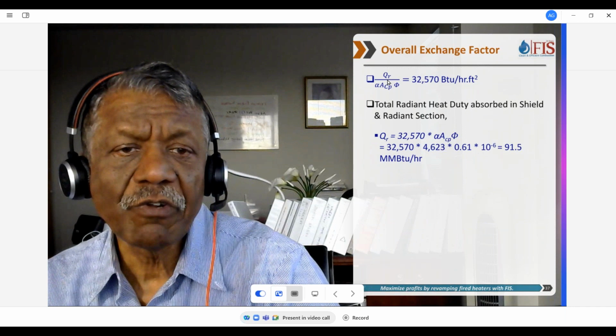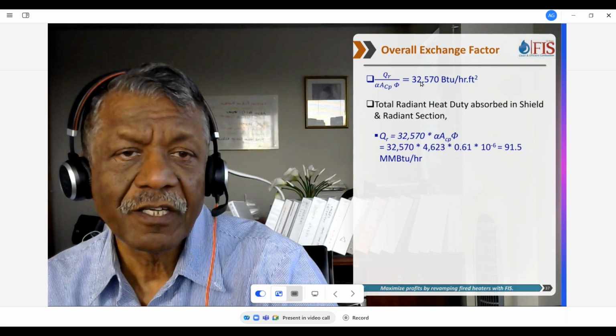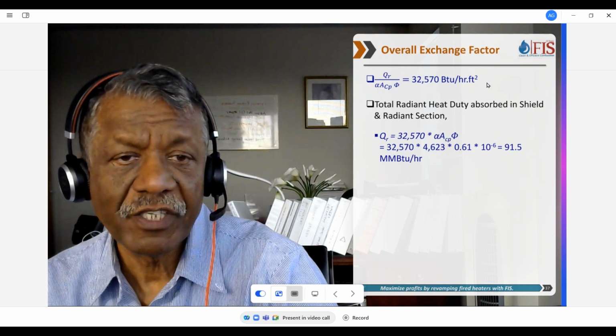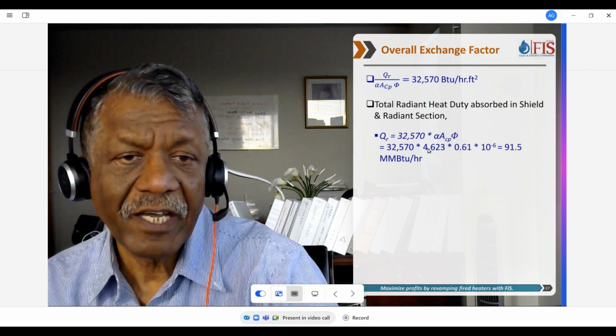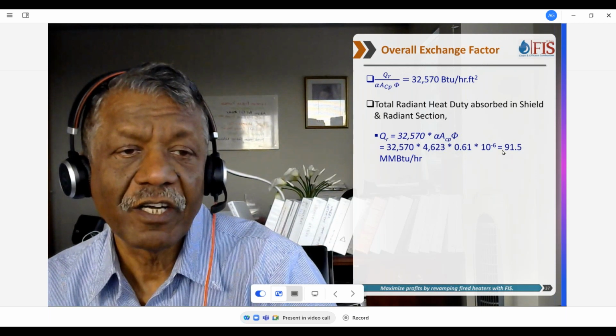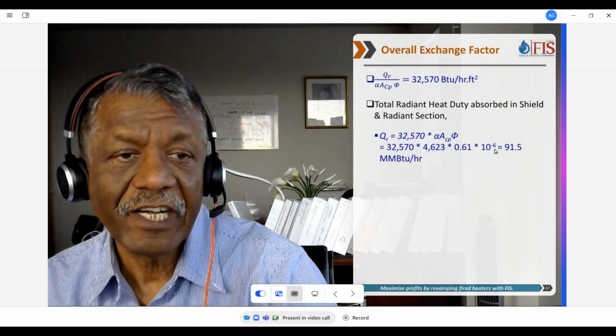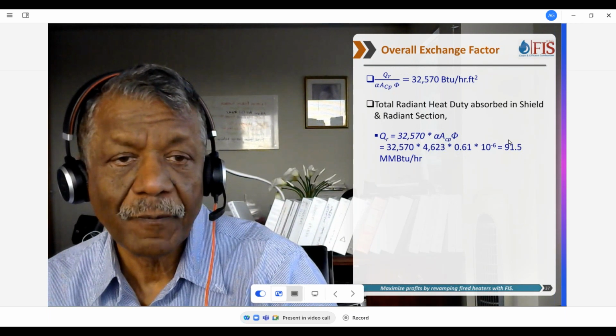And we calculate this QR upon alpha ACP as a number of 32,000. And then we multiply alpha ACP and phi, and we get a radiant heat duty, including shield, of about 91.5 million BTUs.